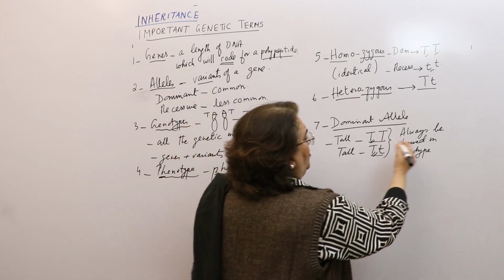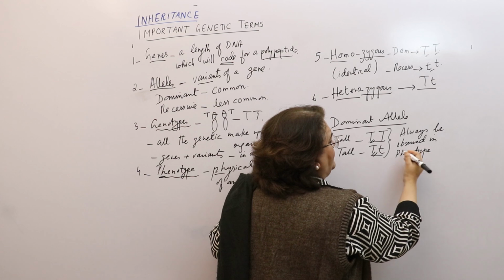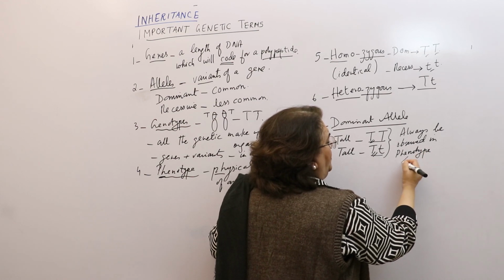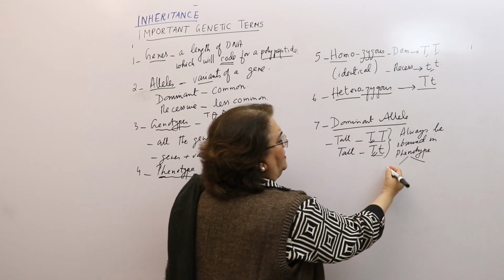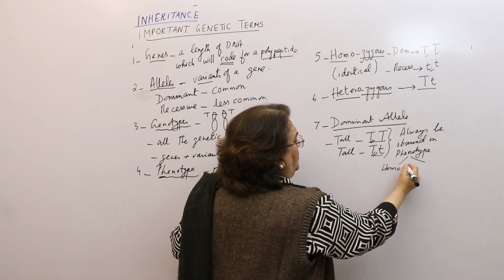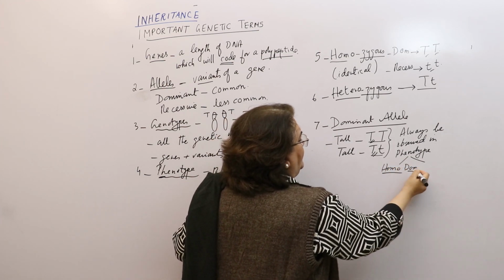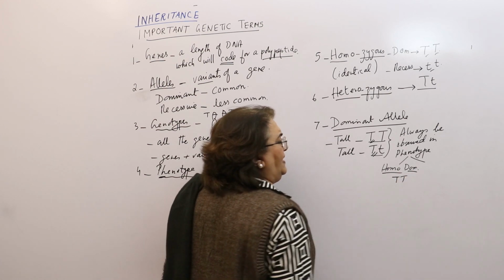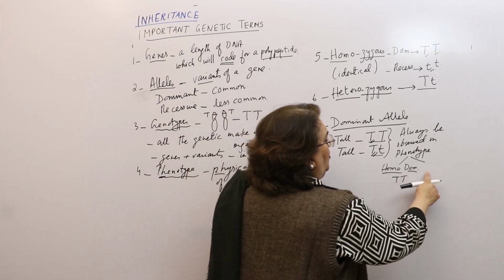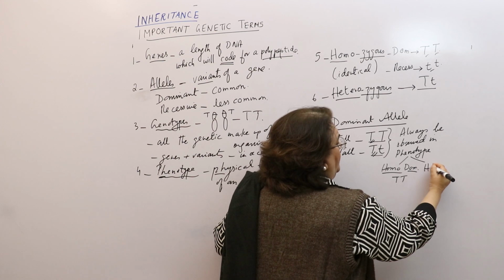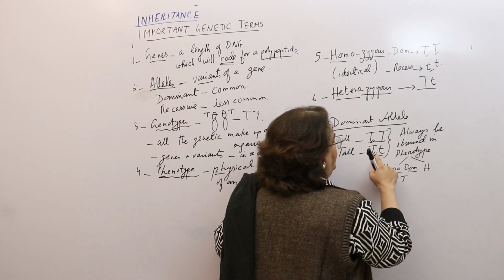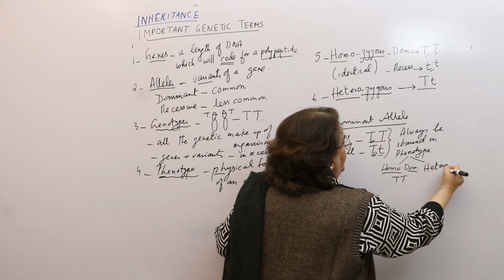All right, so you can add this: it will always be expressed, observed in the phenotype, whether it is in the homozygous dominant state, where both alleles are going to be capital, or in the heterozygous state.